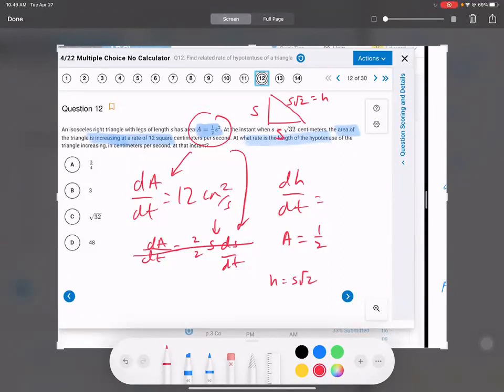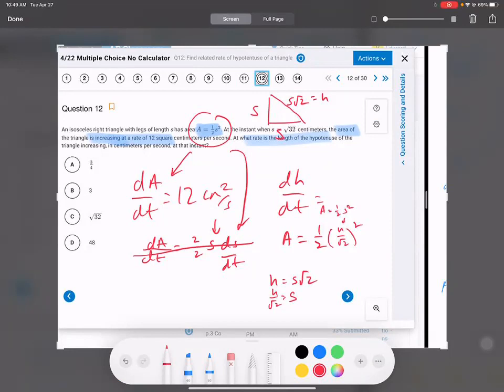Oh darn, I should record this. Oops. Oh, I am recording it. Yay. S square root of 2. And then what we're going to do is say, well, s is equal to h over square root of 2. H over square root of 2, squared, because this was A is equal to 1/2 s squared. So we just changed the variable.